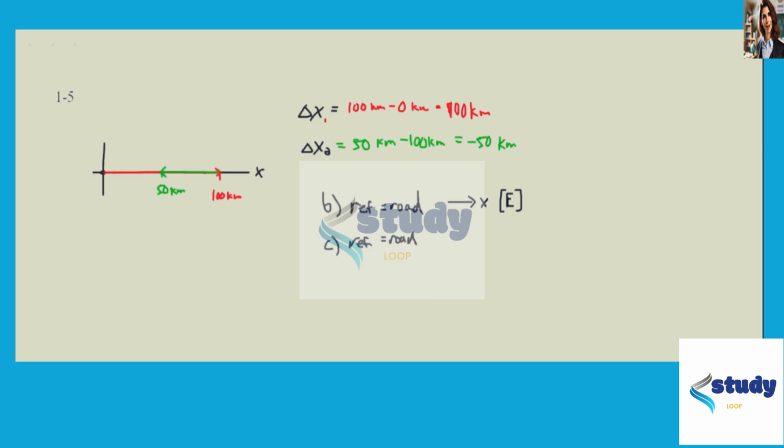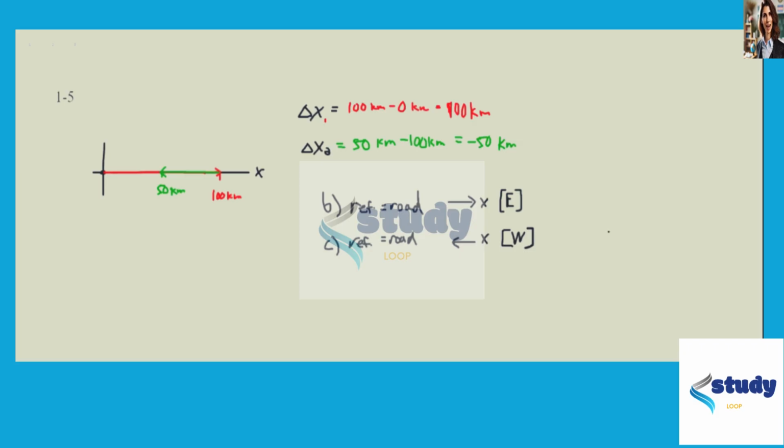Part B was a bit more obvious. If we have left to be positive in our x direction, then our two displacements give 100 minus 50, so a positive x direction has to be in the westerly direction.